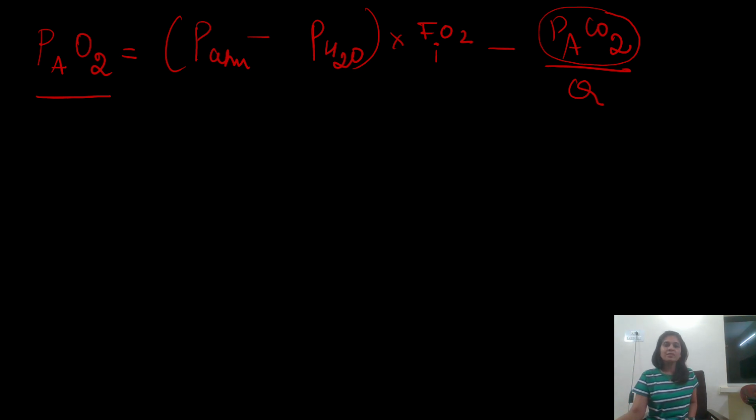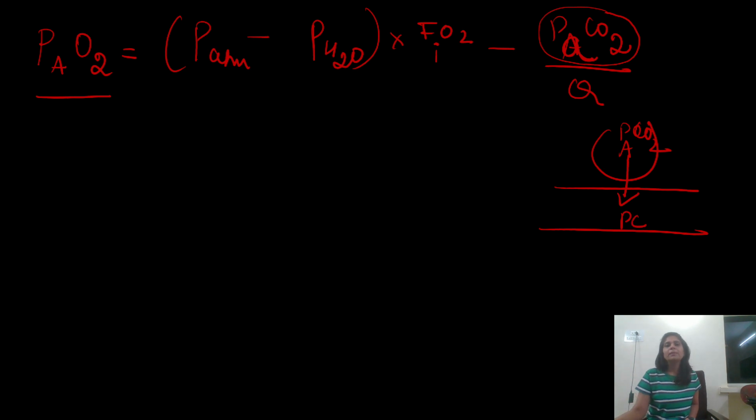We still use this equation because the alveolar partial pressure of carbon dioxide any day can be replaced by the arterial partial pressure of carbon dioxide, because carbon dioxide diffusion across any membrane is perfect. So you don't have to go to the alveoli, because it's going to be the same in the pulmonary capillary.